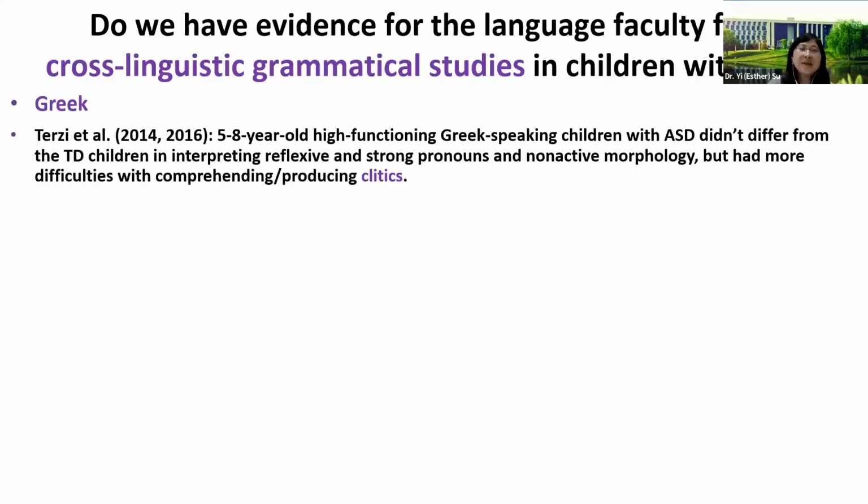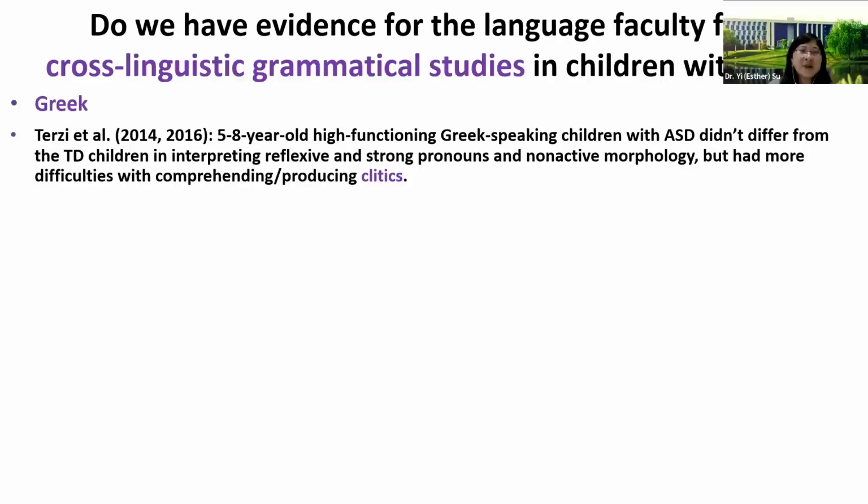I think cross-linguistic studies started not so long ago as English studies, because English studies can be traced back to the 1970s or 80s. But for most cross-linguistic studies, they only started in the past decade.